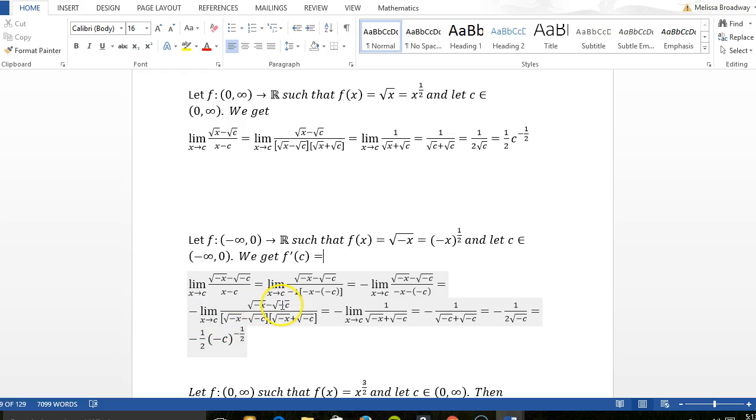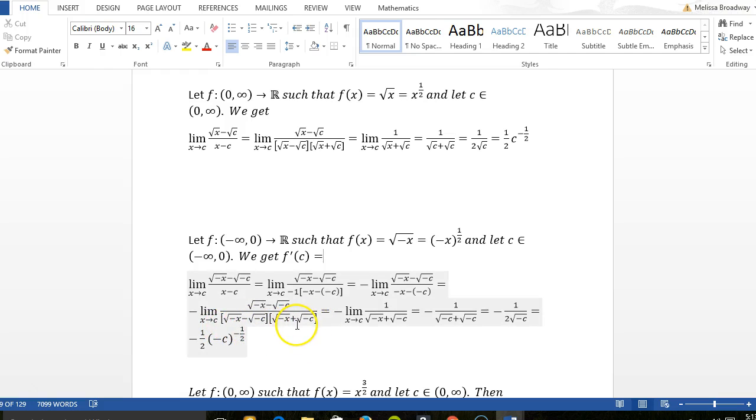I have the same old numerator, but now I do difference of squares. You remember, negative x is a positive number, negative c is a positive number. So by a similar difference of squares technique, I do radical negative x minus radical negative c times radical negative x plus radical negative c, because negative x overall is positive, negative c overall is positive.